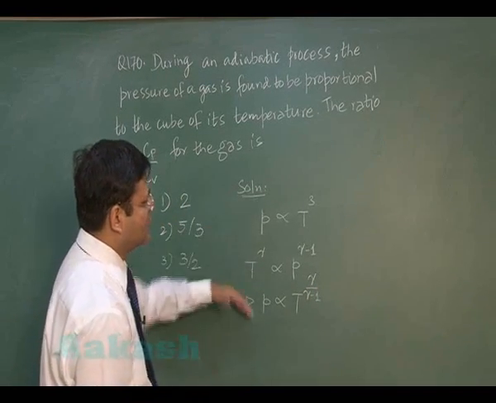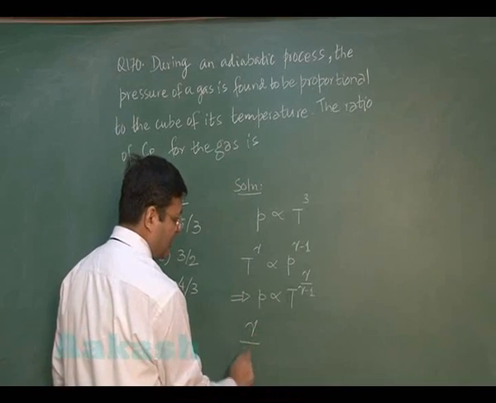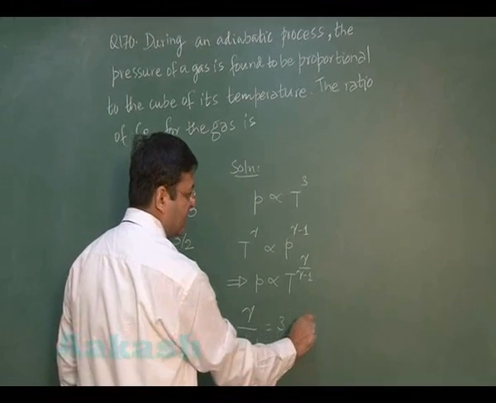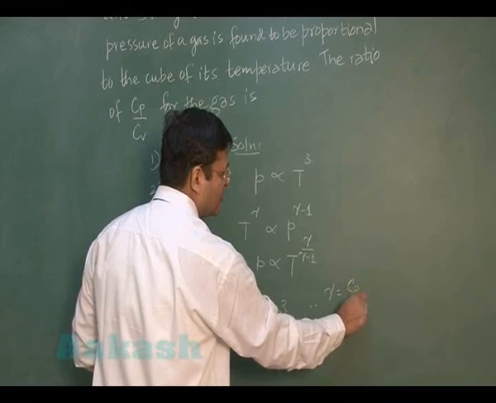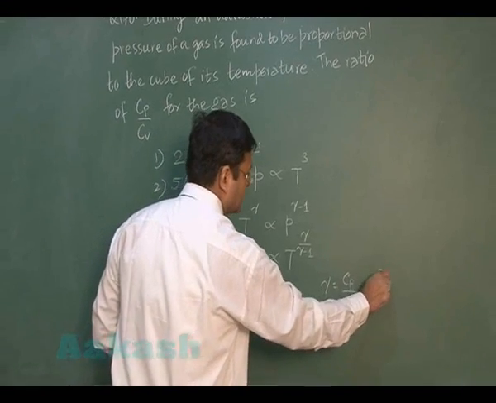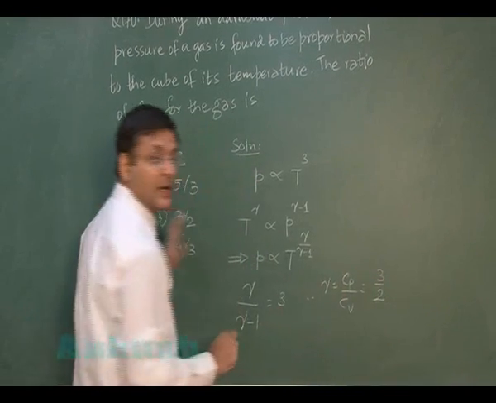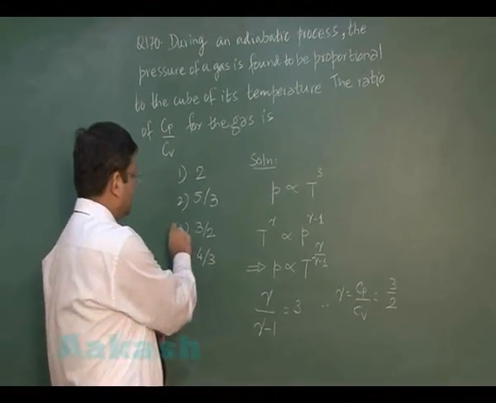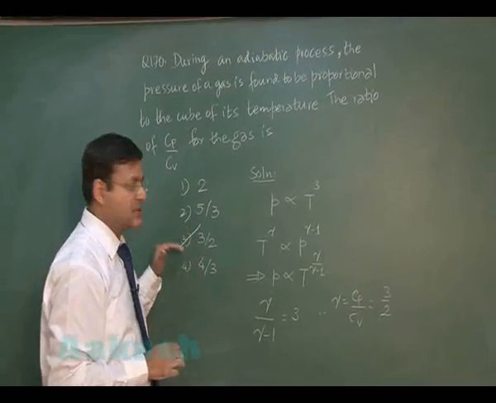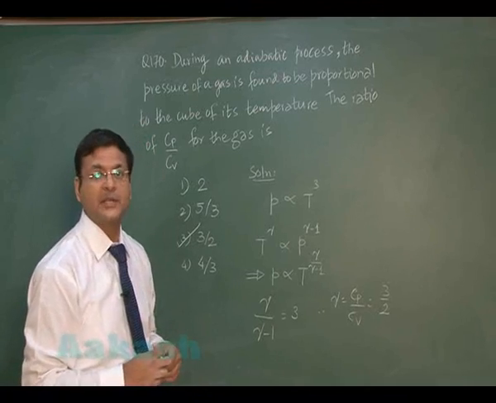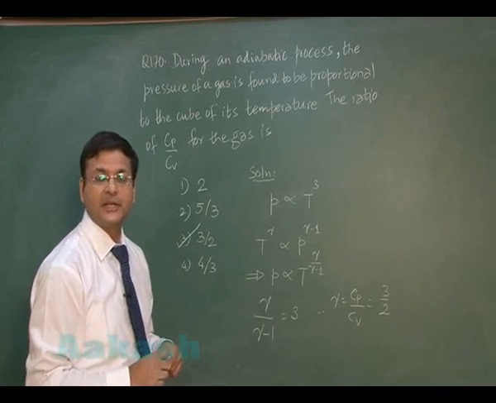And if you compare these two, they are trying to say that gamma upon gamma minus 1 is equal to 3, and for that matter gamma, which is Cp by Cv, comes out to be 3 by 2, and you will find that the most appropriate answer is answer 3 for this particular question 170. Look at next question, that is 171.